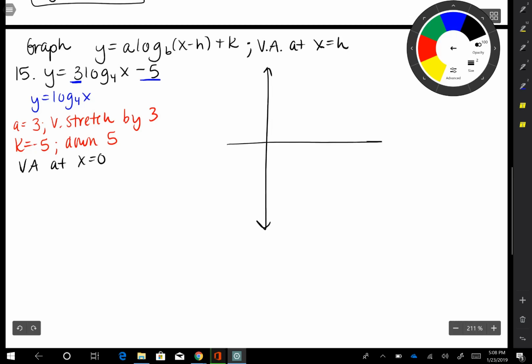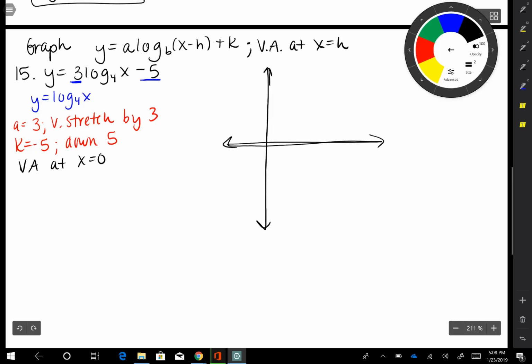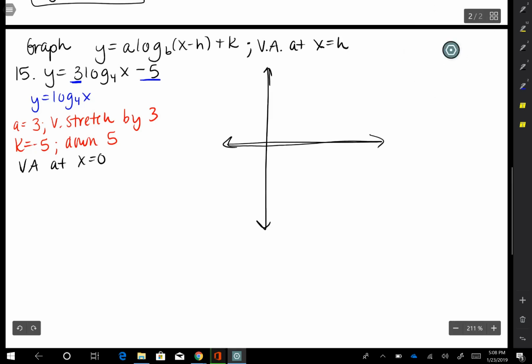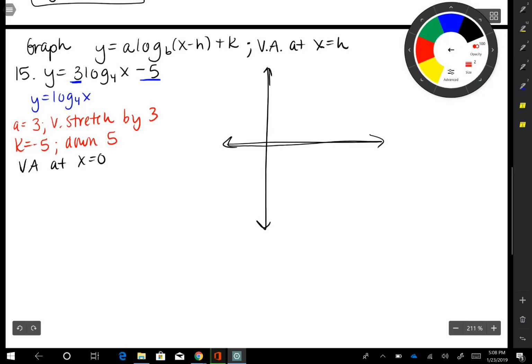So no biggie here. Here's my vertical asymptote at x equals 0, right? Now, when we pick points to plug in, we always start 1 unit to the right of our asymptote. Because our asymptote is at 0, I'm going to plug in 1.